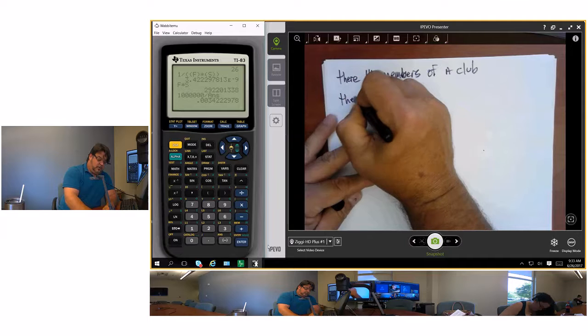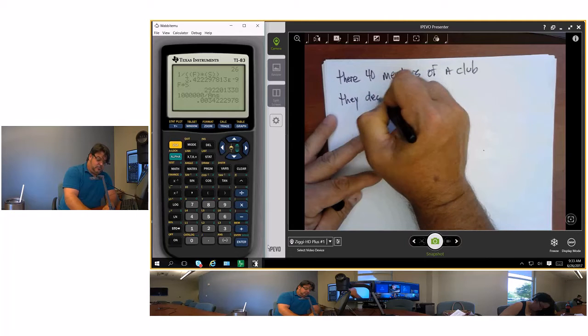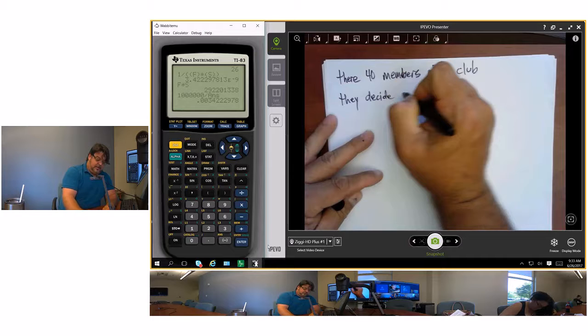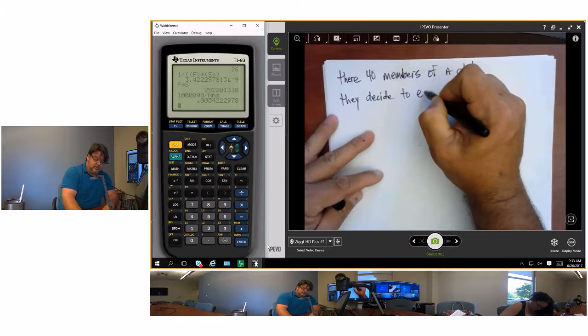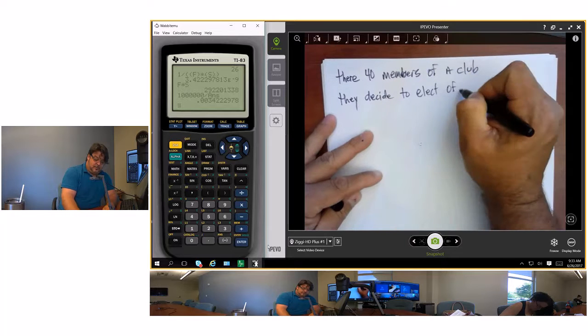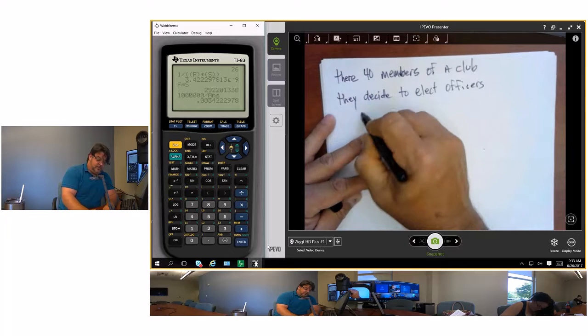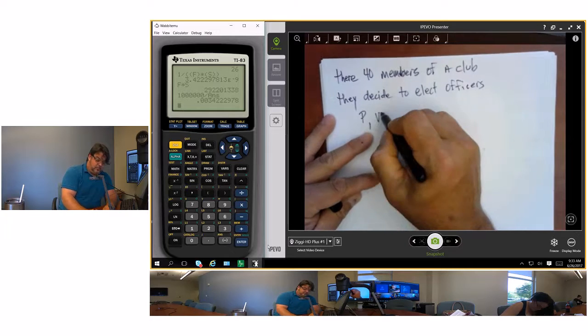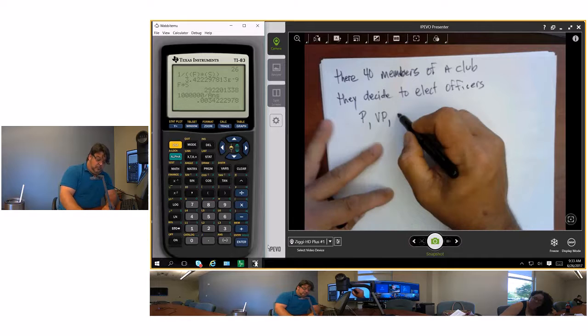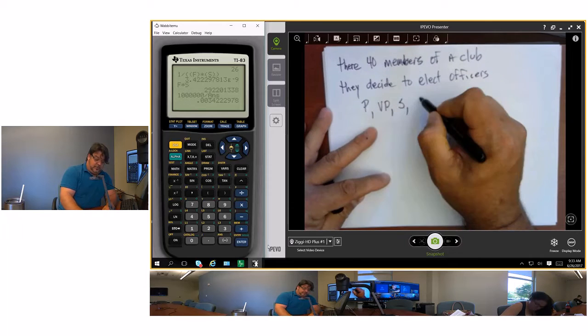They decide to elect officers: President, Vice President, Secretary, and Treasurer.